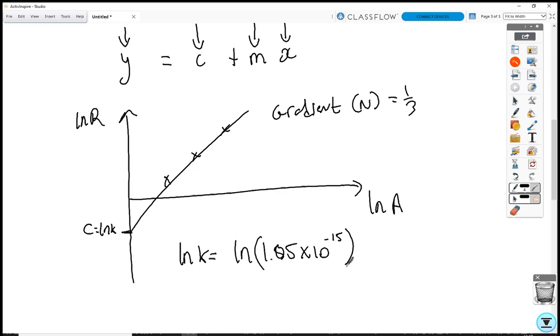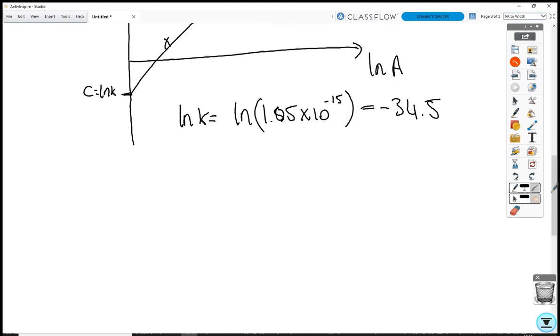If you could just put that into a calculator and give us a value. Minus 34.5. Okay. So minus 34.5. So we didn't have to read very small numbers for this. Each of those numbers was something rather large. So you could use the graph to calculate it.